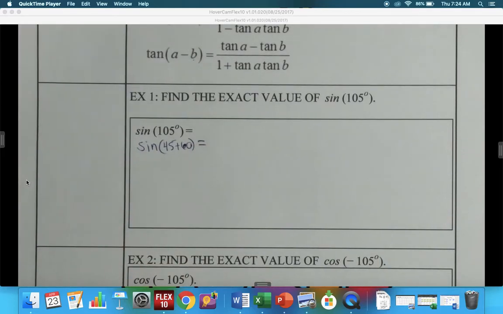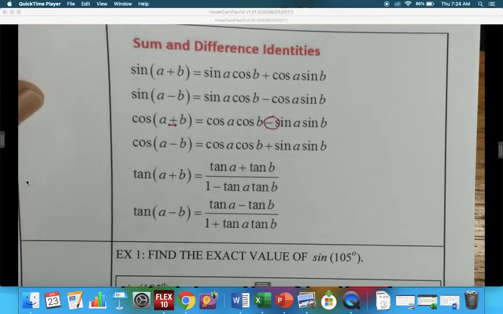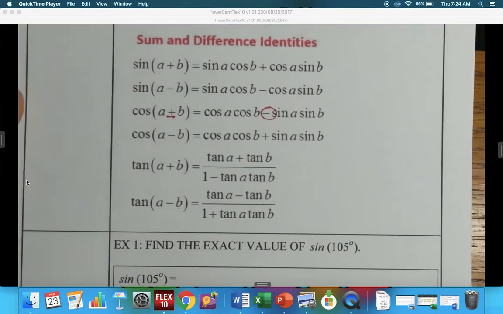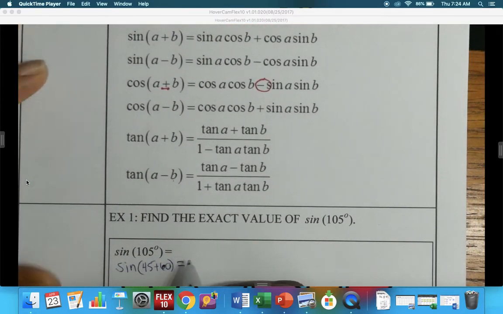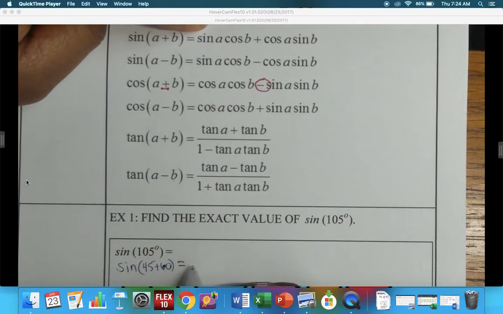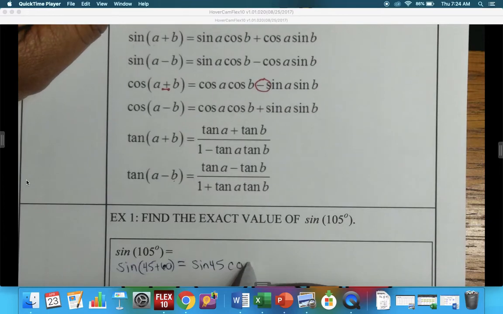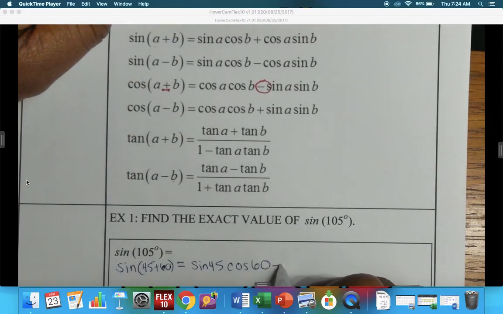Now I'm going to use the sum formula for sine, following exactly what it says. My A is 45, my B is 60. So I'm going to go sine of 45 cos of 60 plus cos of 45 sine of 60.